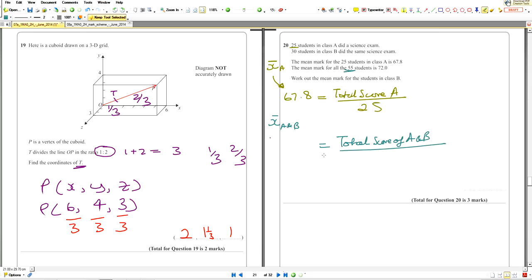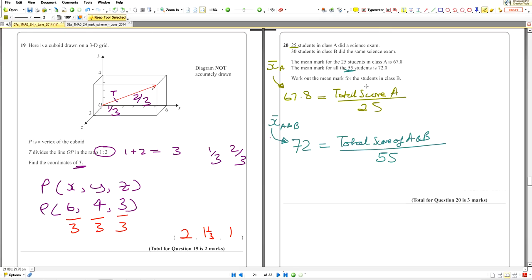How many students in both classes? 55. What was the mean of the 55 students? 72. So I'll put 72 at the front. That's the mean of class A and B. I've labeled it all up. So what do we need to do now? What's missing from each equation? We don't know the totals. We need to work out the total score for class A and for class A and B combined, and then we can work out the difference, can't we?